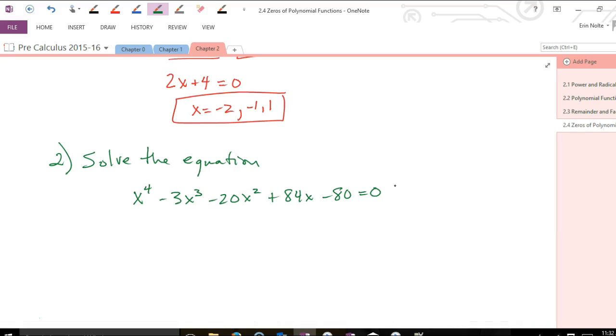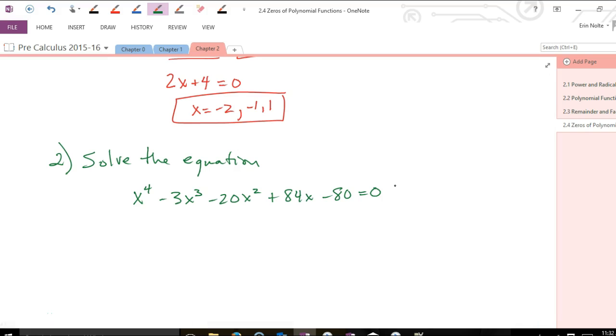So what if you were asked to do this? What would you do? This time you're not finding zeros. Instead, you're actually solving an equation for the x value. How is this question different from that question before? You're actually solving an equation, but really, other than that, is it any different?